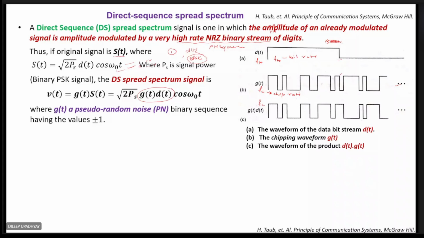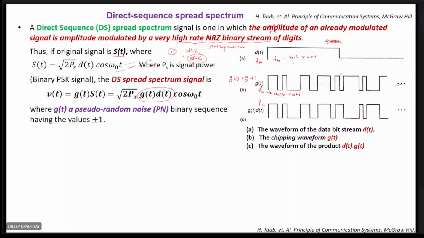Here I want to highlight one more property of the PN sequence. If we multiply GT by GT again, what will happen? Wherever GT is 1, the signal will be 1.